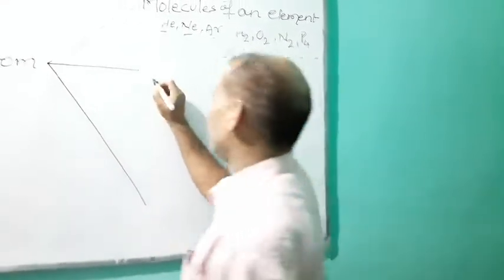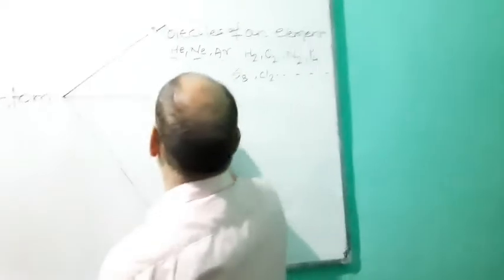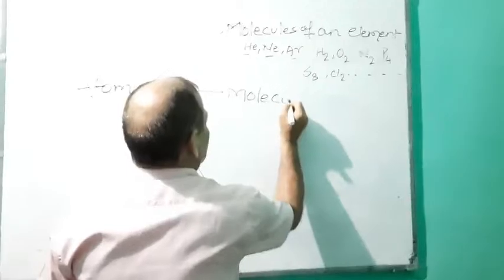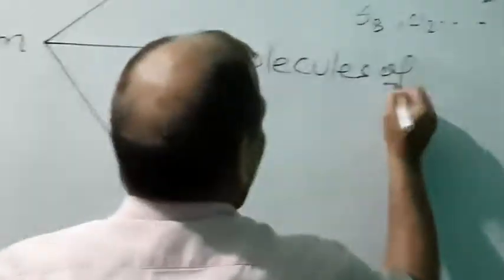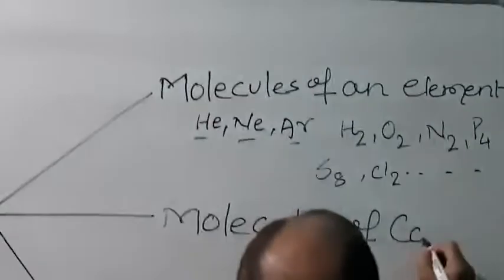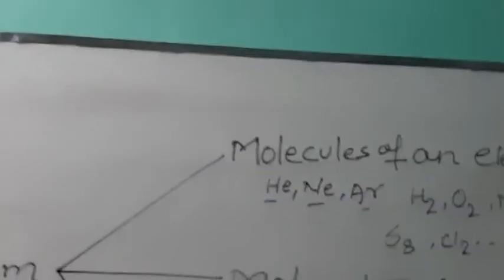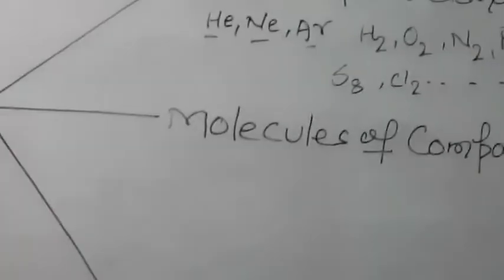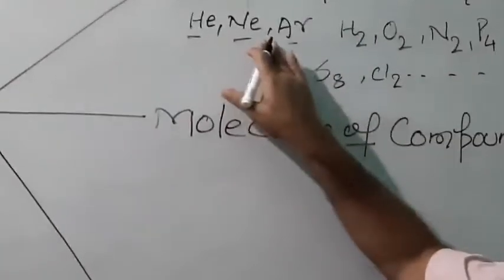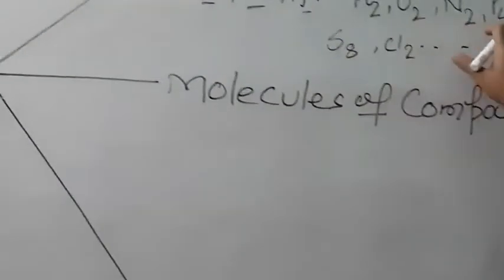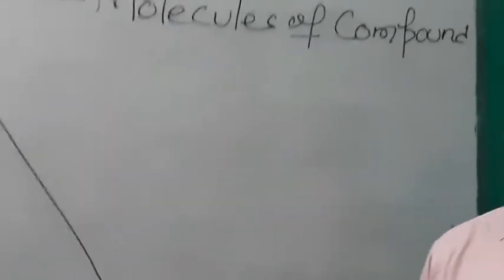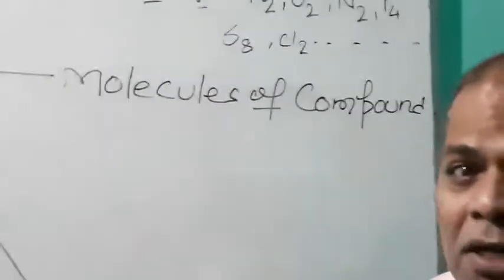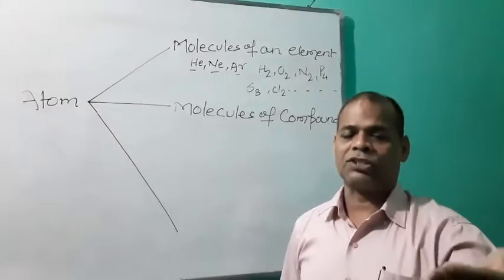Now another type is molecules of a compound. So atoms do not exist independently other than those 6, but molecules exist independently. Hydrogen exists in nature in the form of H2, that is a molecule, not in an atomic state.